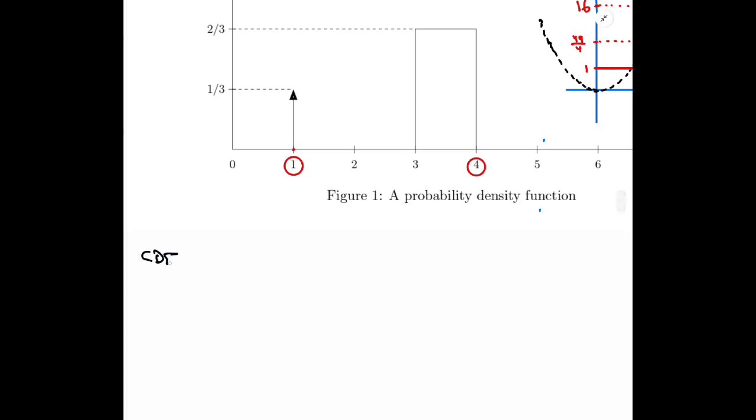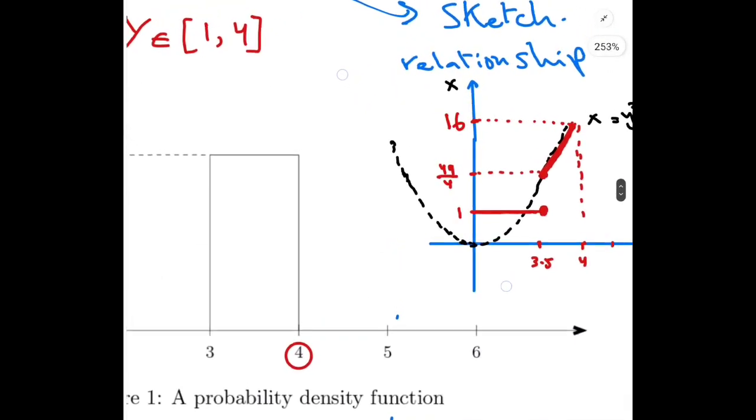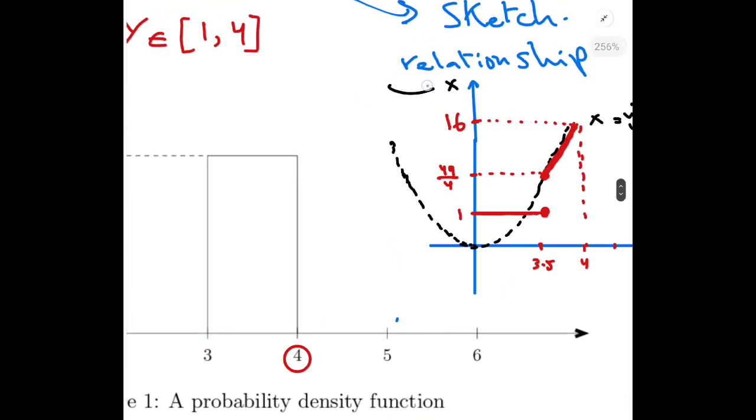The CDF of x is defined as F capital X of little x, which is the probability that X capital is less than or equal to little x. So the random variable is less than or equal to little x. Now we need to look at the values of x. The values of x go from minus infinity to 16 and beyond.